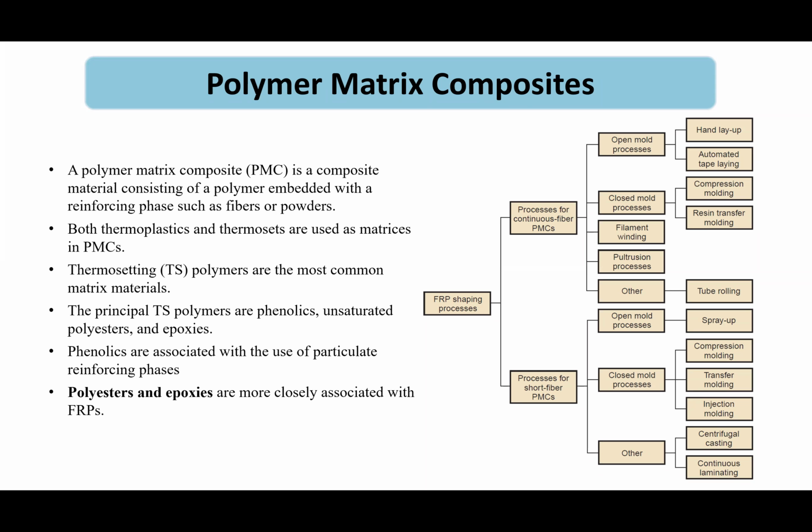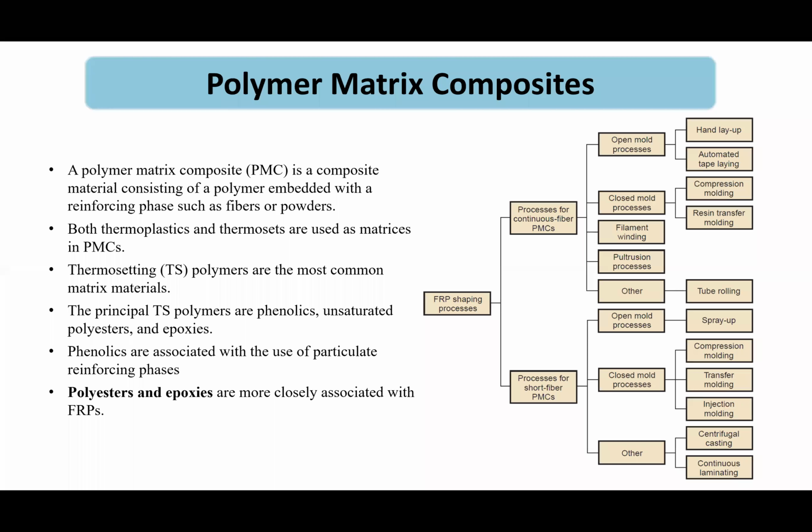And for short fibers, it can be particulate type or particles, or chopped fibers. If you cut the long jute fibers into 2-3 millimeter length, or less, or maybe up to 12 millimeter, those are treated as short fiber. If you want to produce composite using short fibers, then these are the processes.